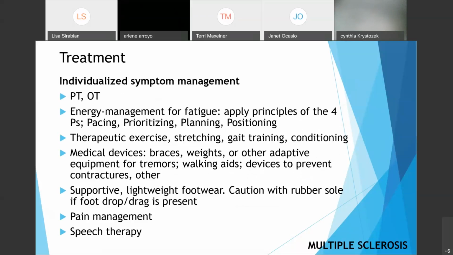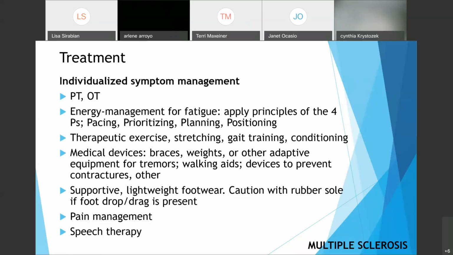Okay, so back to treatment, back to individualized symptom management. We're collaborating with PT and OT always. We said energy management is going to be a big thing for these folks to manage that fatigue so that they can stay active, so that they do not become deconditioned, so that they don't fall into disability. The 4Ps are principles that we can apply.